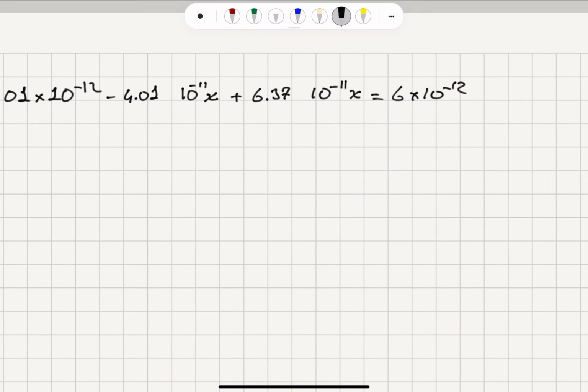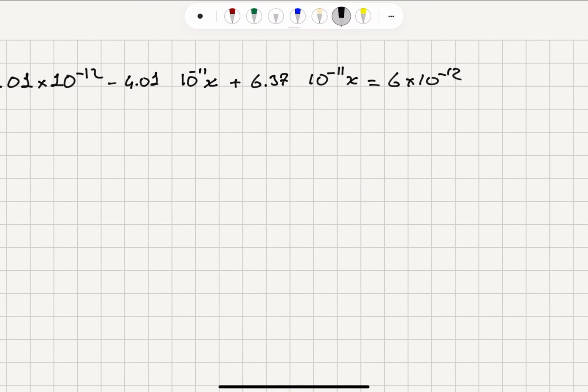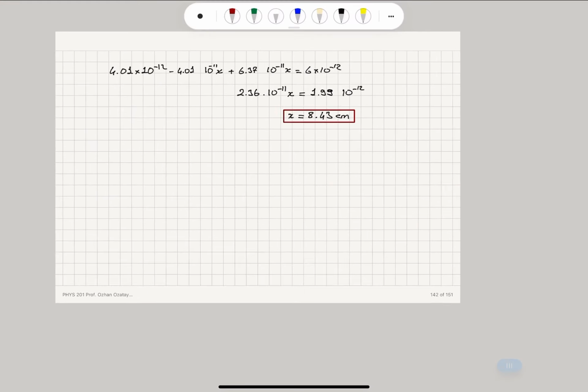And when I solve for x here, 2.36 times 10 to the minus 11 x is equal to 1.99 times 10 to the minus 12, and that gives me x equal to 8.43 centimeters. That's the insertion distance.